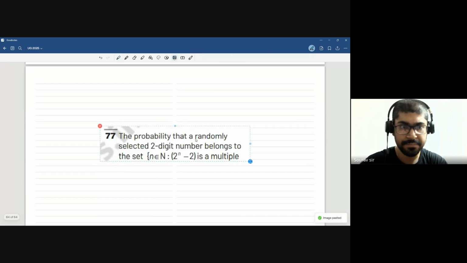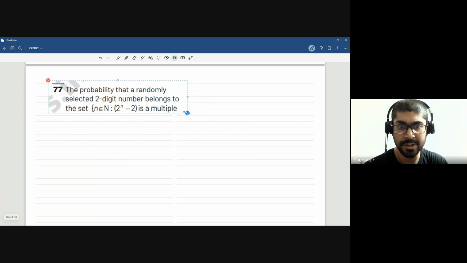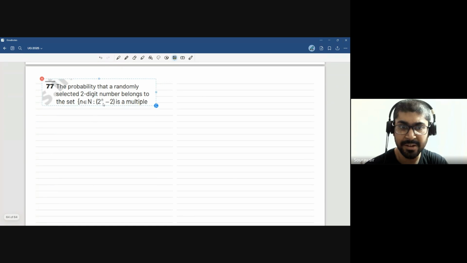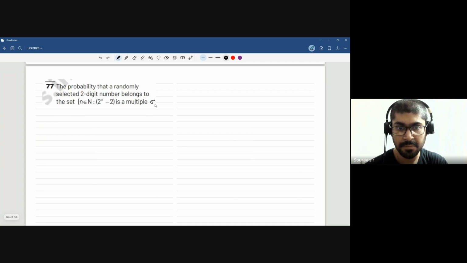This is the question. The probability that a randomly selected two-digit number belonging to the set is a multiple of 3. That is the question.